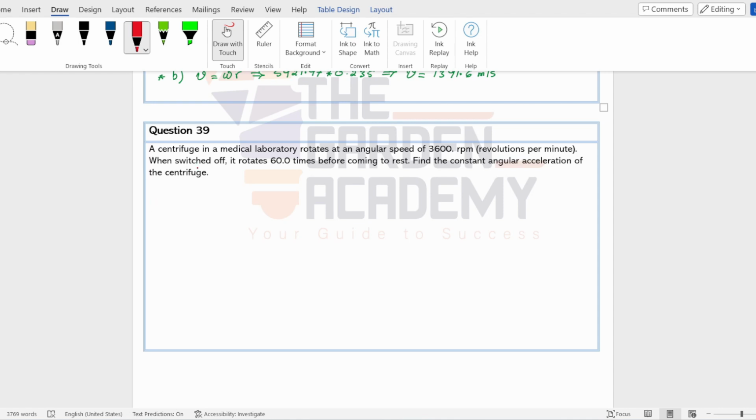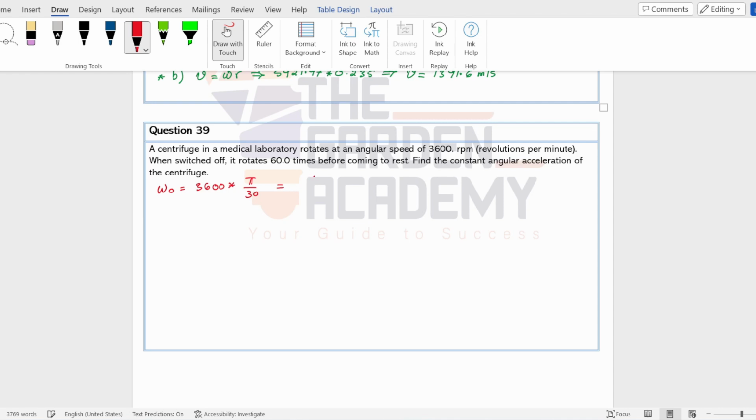First of all, we have to find the initial angular velocity at which it rotates. So omega naught is equal to 3,600. And how to convert from revolutions per minute to radians per second? Again, multiply by pi over 30, or 2 pi over 60, which gives you pi over 30.